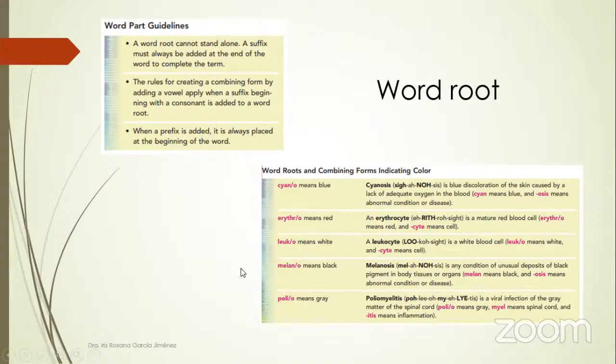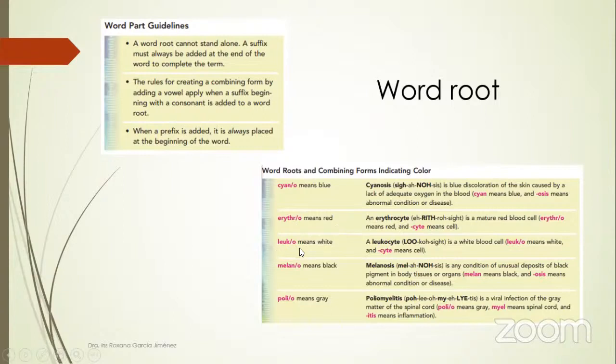Some examples of word roots are these ones that indicate color. For example, cyan means blue. The best example, cyanosis, right? Eryth or erythro, the O is the vowel, the combining form. It means red, erythrocyte, red blood cell, right?